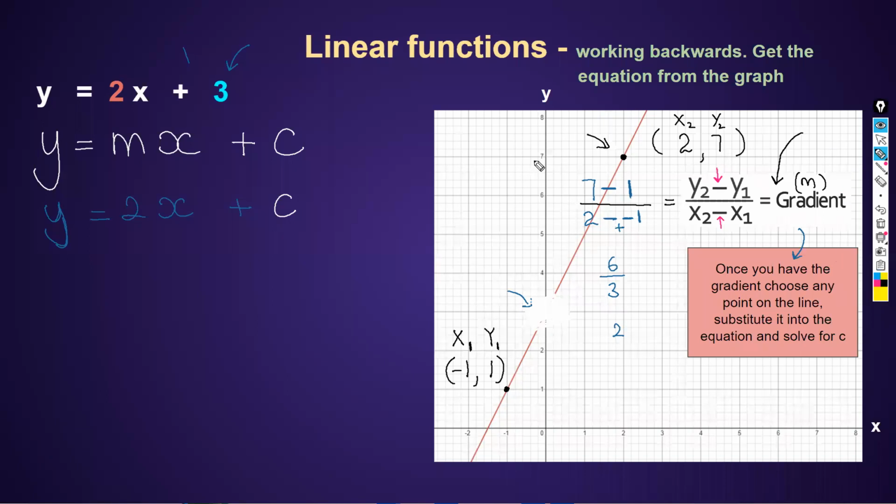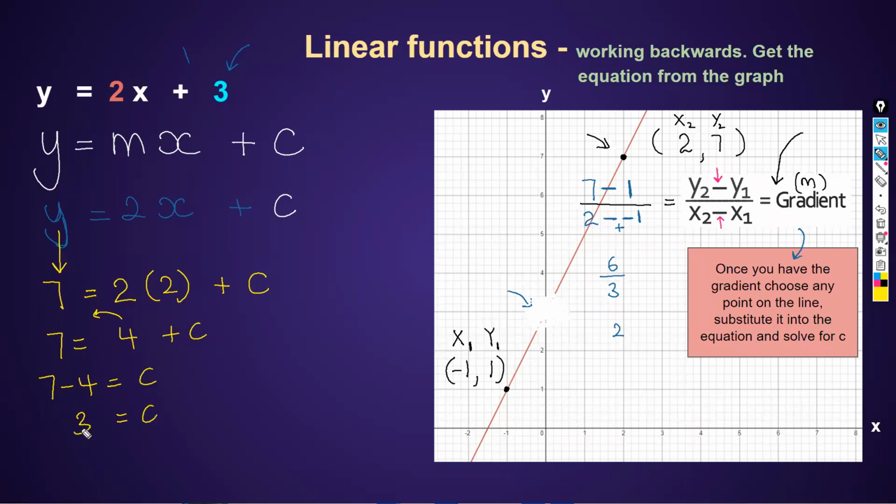So all you have to do now is go to this equation, pretend y is 7, because that's what we're doing. 2 is the what? Gradient. And then pretend the x value is positive 2. So make sure you put it in brackets. And then we have what? Plus c. And all we have to do is transpose to solve for c. 2 by 2 is 4. And everyone can do this in their head by now. When you throw across positive 4, you get minus 4. Look, 7 minus 4 is 3. We got back 3.